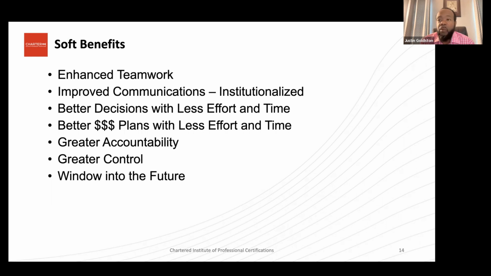With the soft benefits, you also have improved communication. Once again, we are breaking down those silos within the organization, because we are bringing all departments together. We also want to provide better decisions. If we are continuing to update the data within our ERP applications, and in some cases in Excel spreadsheets, we have increased visibility of the data and the forecasts.